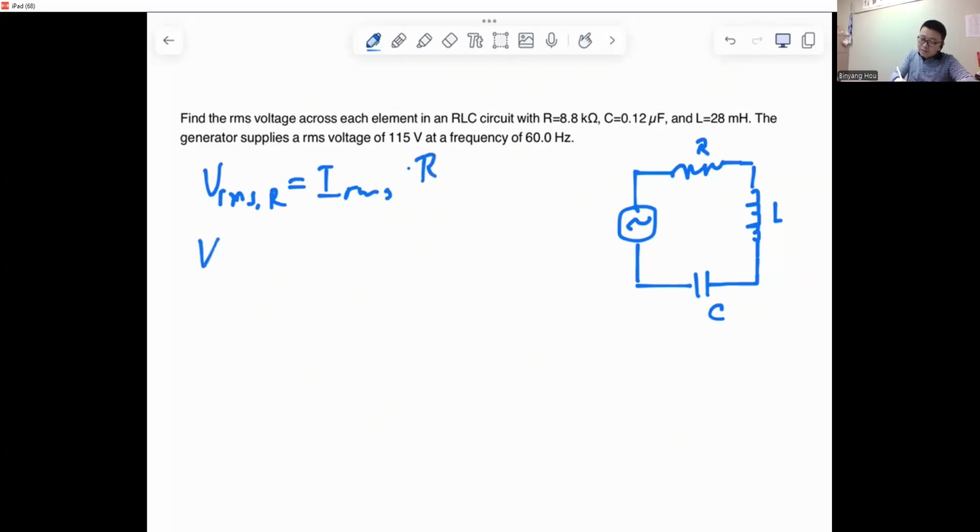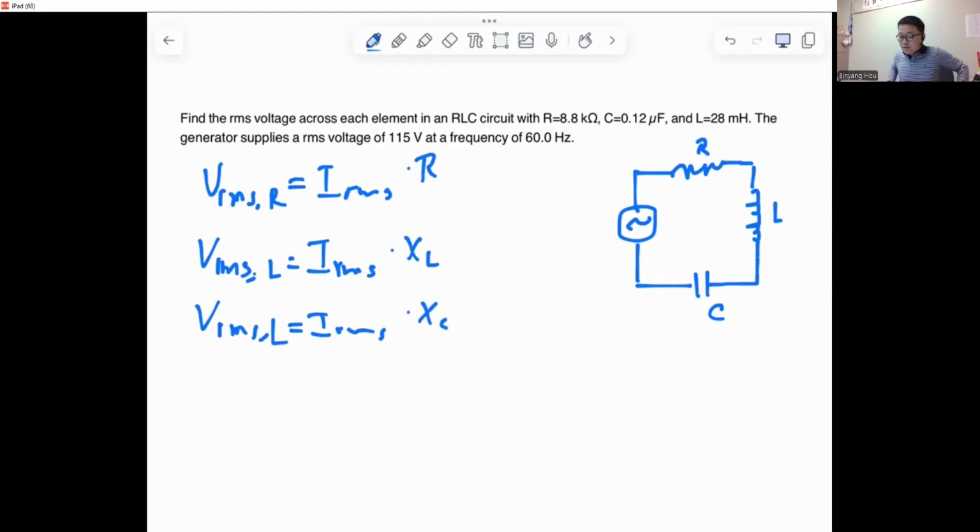Then VRMS on the L should be IRMS times XL, and for the capacitor it will be IRMS times XC.